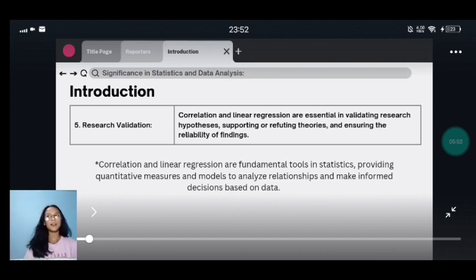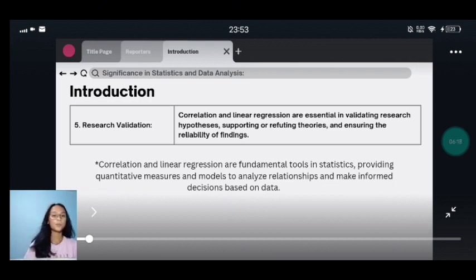Dili ka magpadala sa mga theories, need jud ka mga evidences, and kani correlation and linear regression, this would be a very helpful guide. Makatabang ni siya nimo on how would you decide sa imong conclusions sa imong research, sa imong findings.